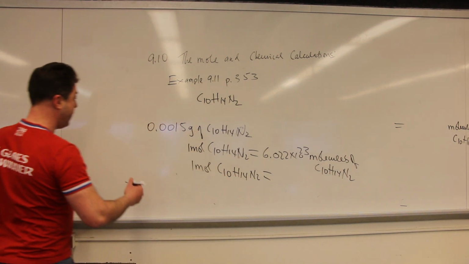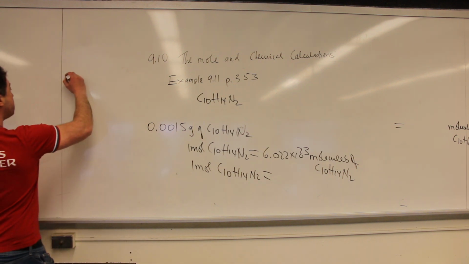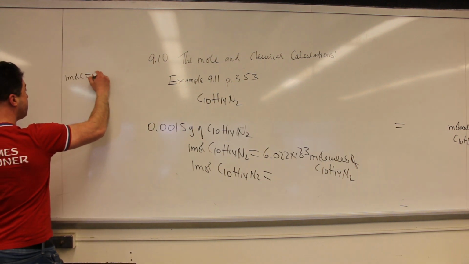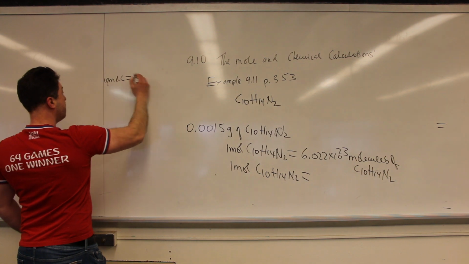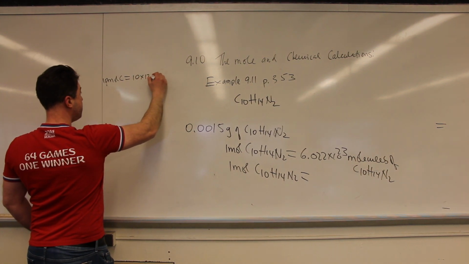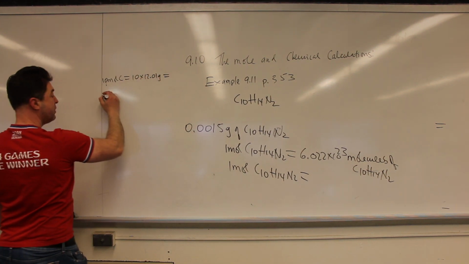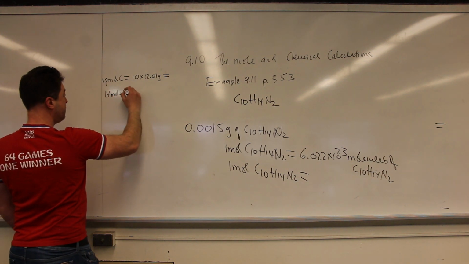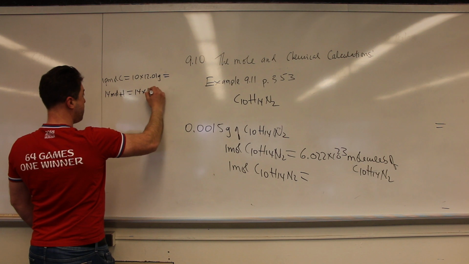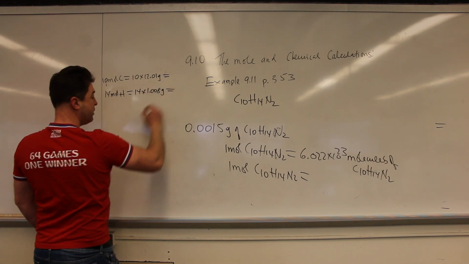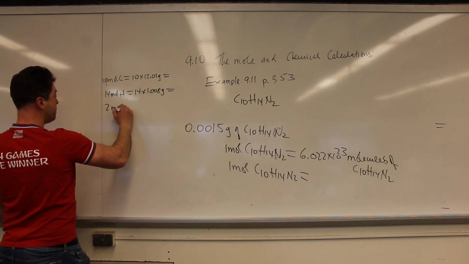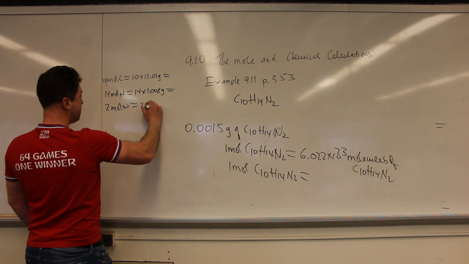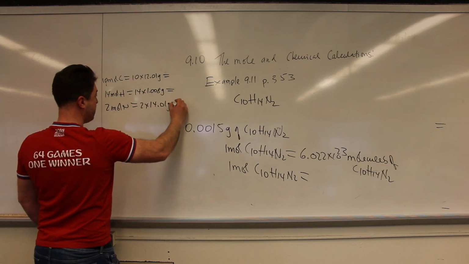So let's do it real quick. I have 10 moles of carbon, which is 10 times 12.01 grams. I have 14 moles of hydrogen, which is 14 times 1.008 grams. I have 2 moles of nitrogen, which is 2 times 14.01 grams.